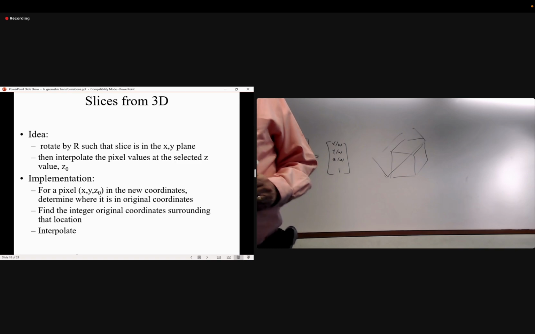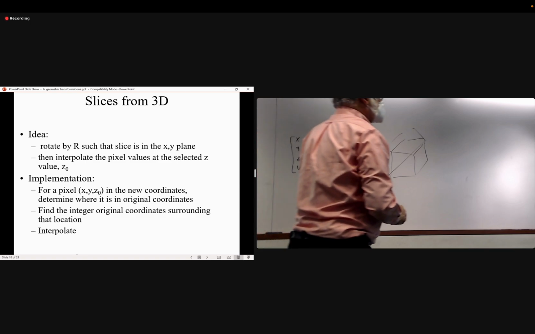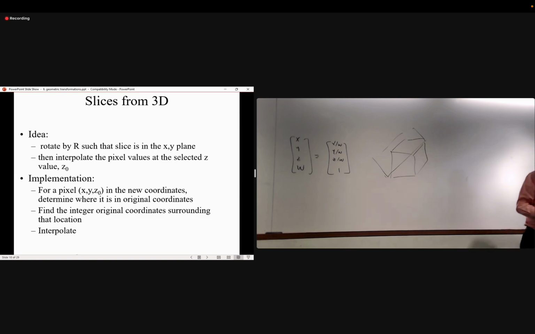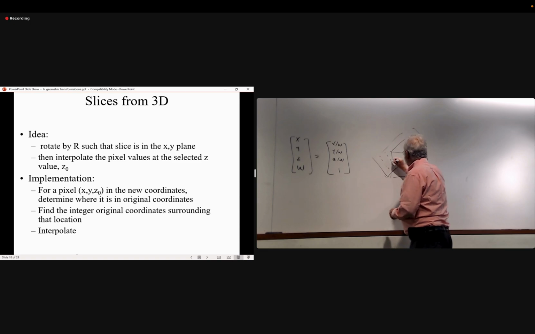You know, just cut out that slice. This is not projection. Point is that you're going to have pixels in that slice plane.